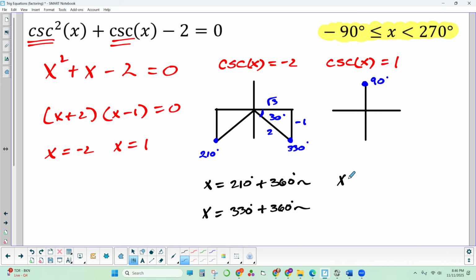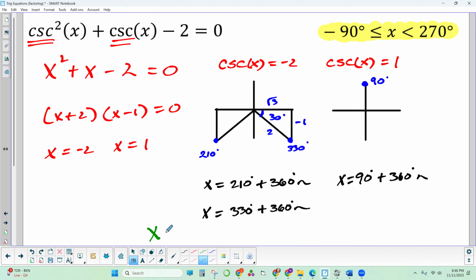And then over here, we've got x equals 90 plus 360 n. Okay? Again, if we were looking for all angles, this would be our solution set, but we are looking at angles between negative 90 and 270.